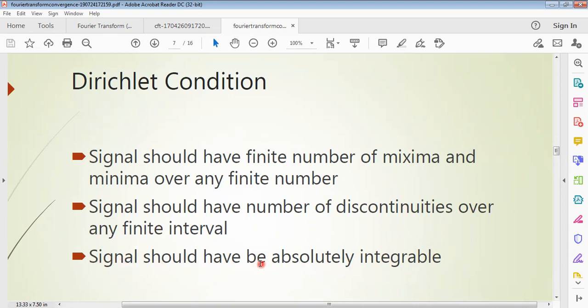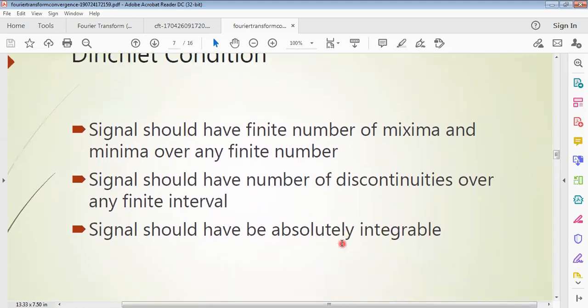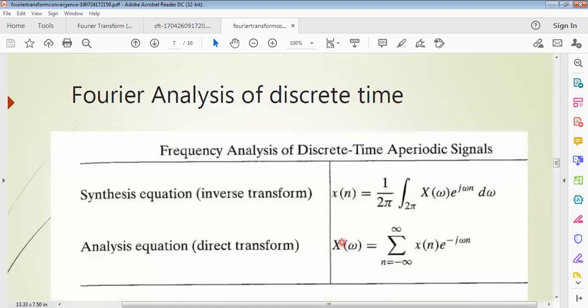The signal must be absolutely integrable, that means we find an integration between certain limits. These 3 conditions you have to remember, and they are called the Dirichlet conditions.